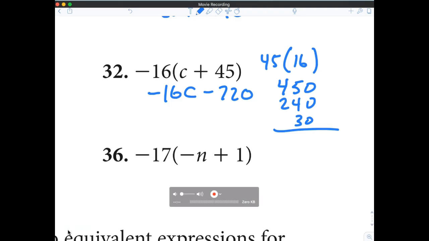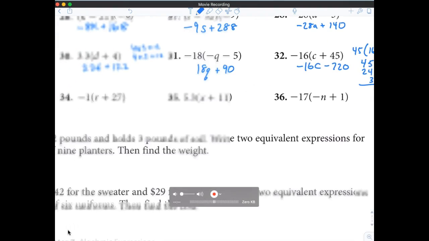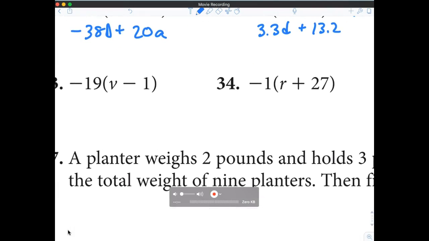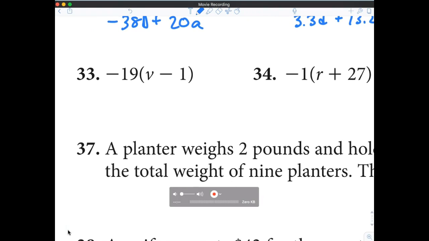All right, here we go. Let's check out 33. Allison. Good. Negative times a negative, girl. There you go. Yes, I'm happy.